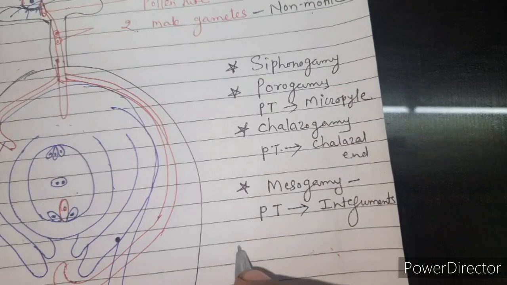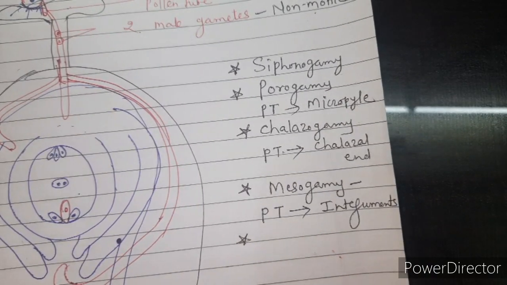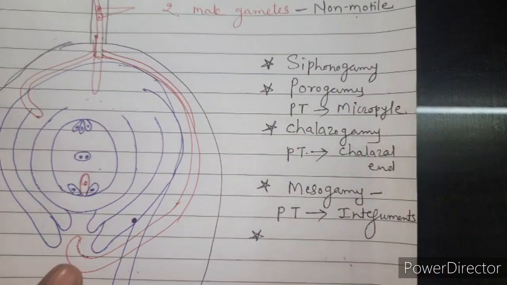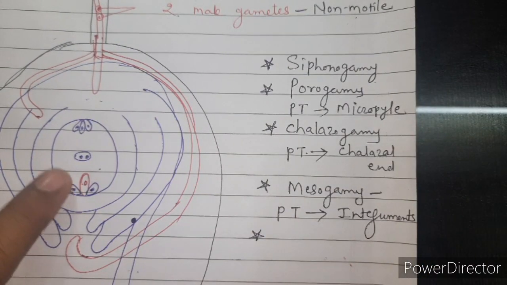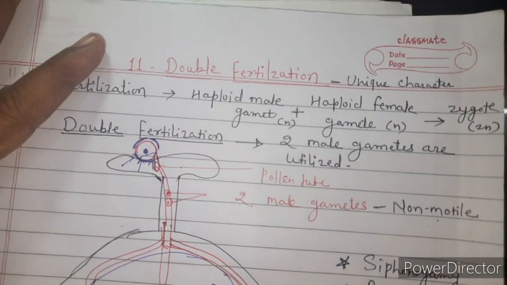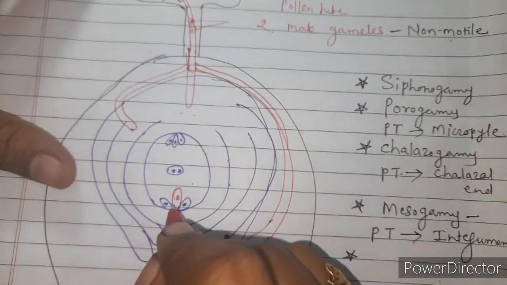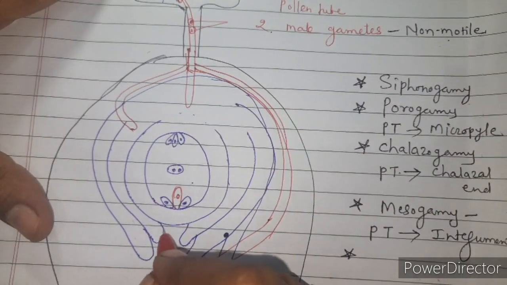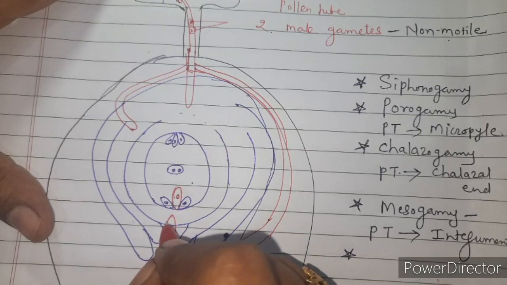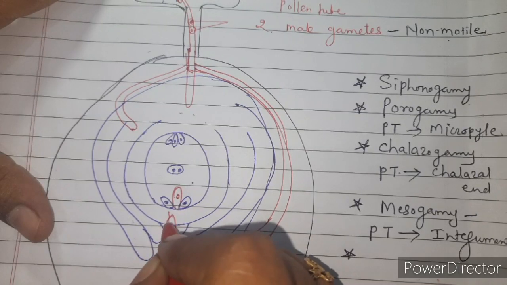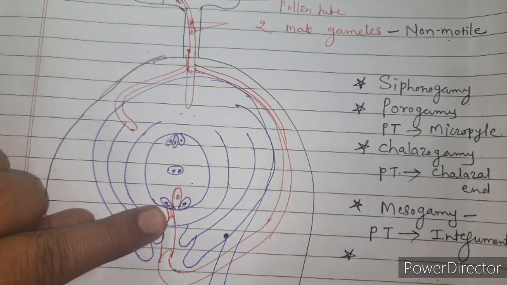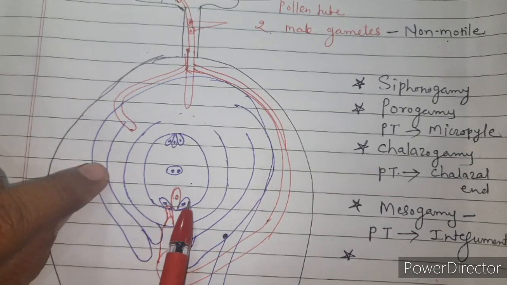Now, next one. When this pollen tube reaches the embryo sac, slowly it pierces the embryo sac. The tip of the pollen tube enters one of the synergids.